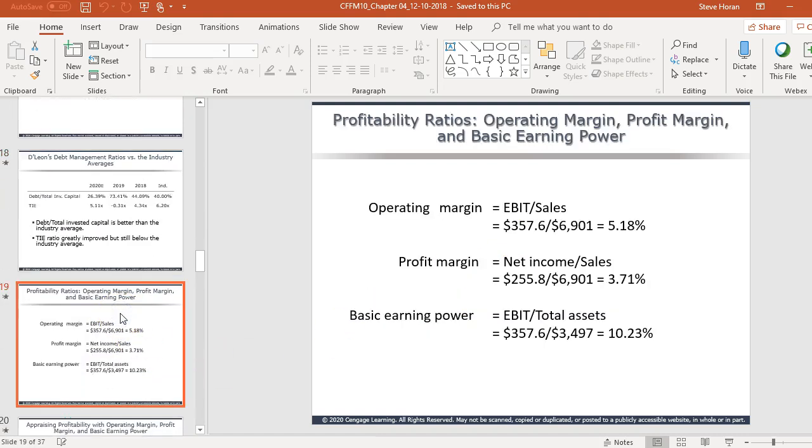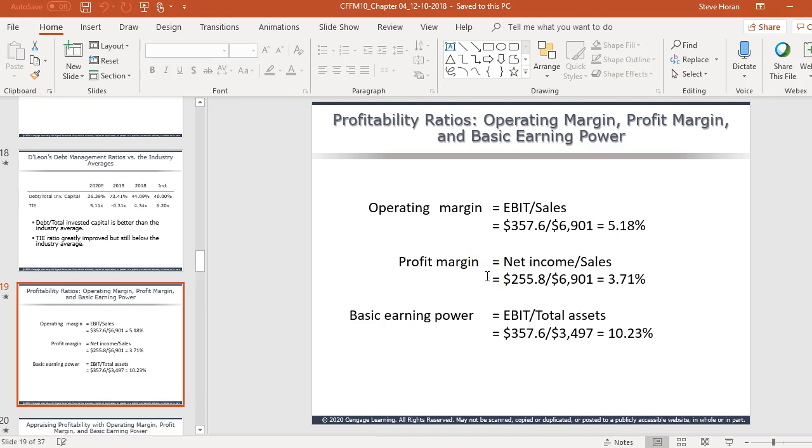Then profitability ratios, your operating margin: for every dollar of sales, how much profit do you earn on that? Basically think of it like this. My EBIT, earnings before interest and tax, so before I pay interest expense, before I pay taxes, for every dollar of sales, I basically get just over 5 cents of EBIT. And my profit margin is my net income.